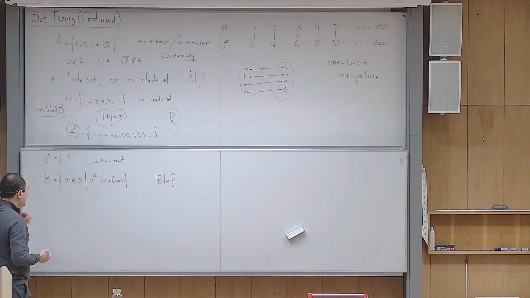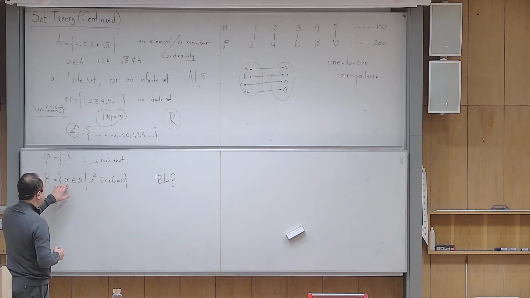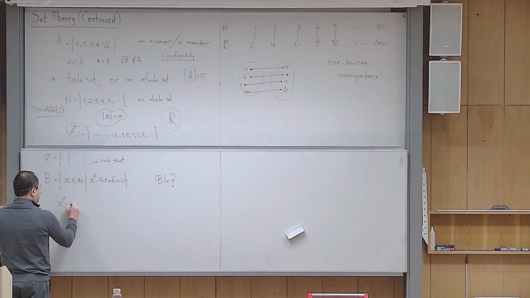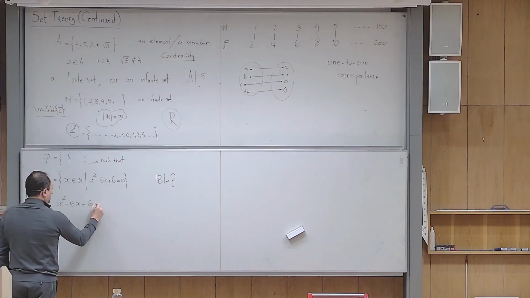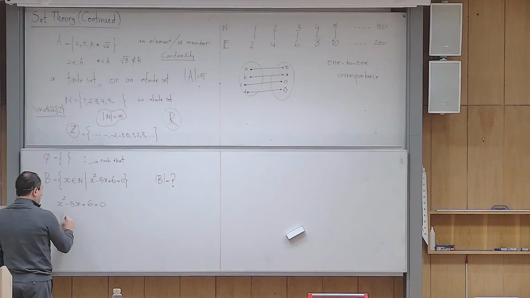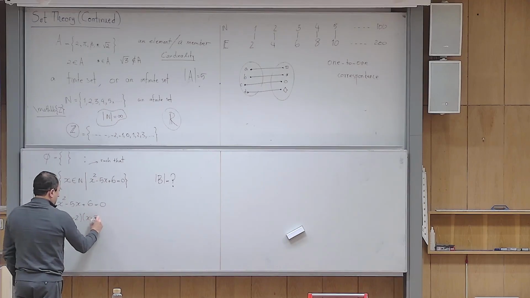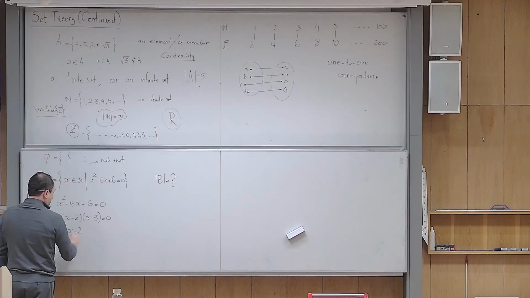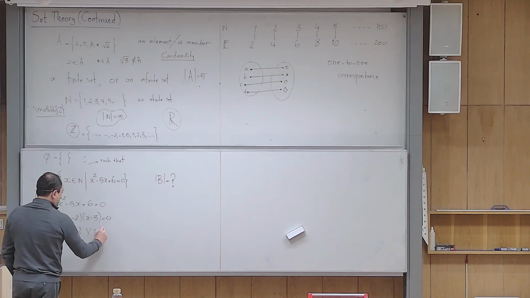So I want to find all possible natural numbers that satisfy this equation, which means I have to solve that equation. And then what do I get? For example, let us use factorization. Then I will get x is 2 or x is equal to 3.